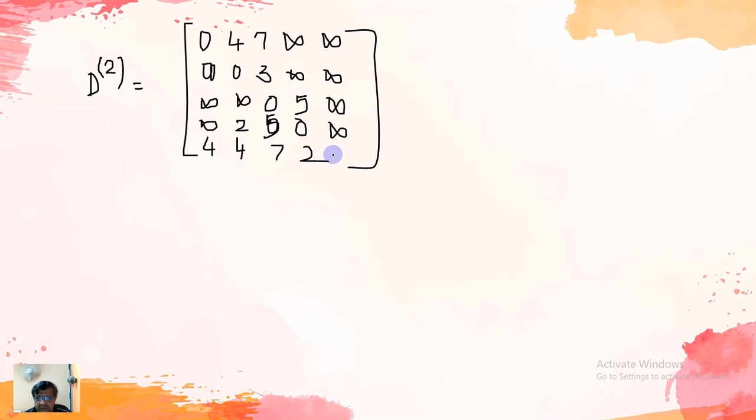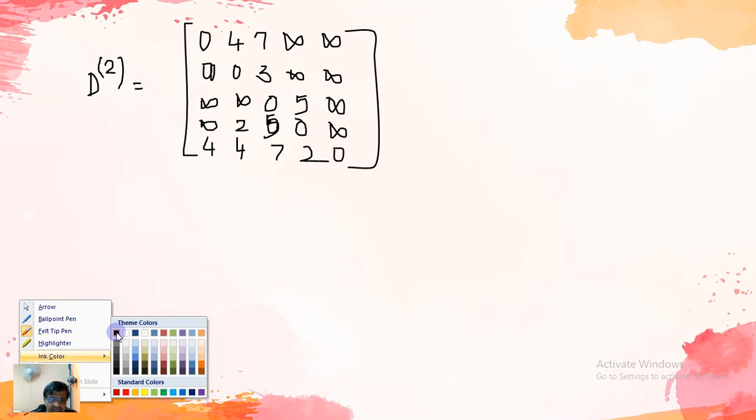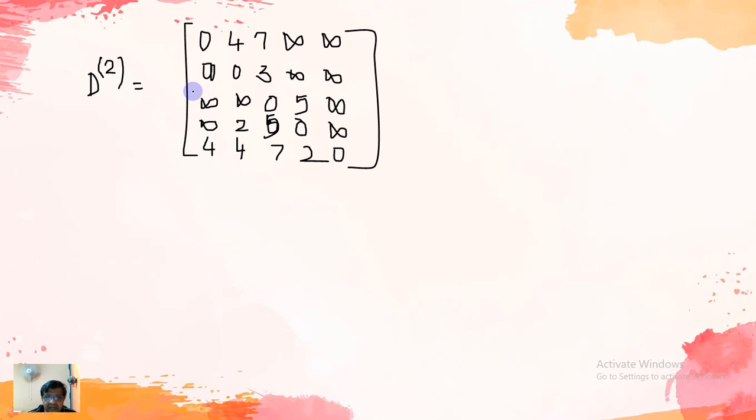Now once again we will select as usual the third row and the third column.